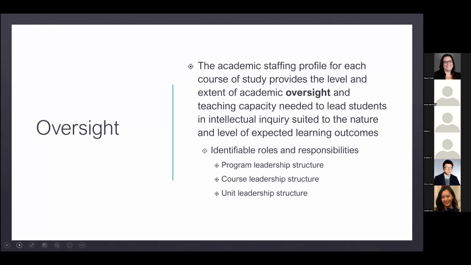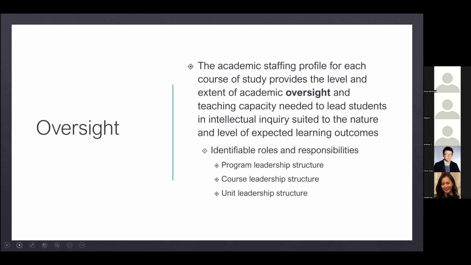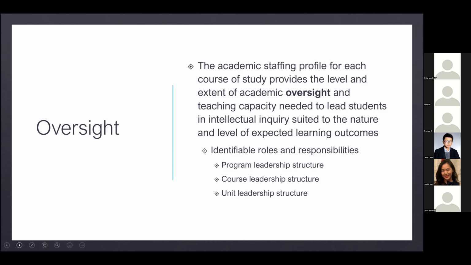So the other question that we have within this context, and this was one of the points that Paul noted within that group there, was really about that oversight. What we saw here was the profile for the course: did we have the staffing structure and people in roles of responsibility for academic oversight and the teaching capacity? So for the oversight, what we're looking for is the program leadership structure, the course structure, and the unit structure.